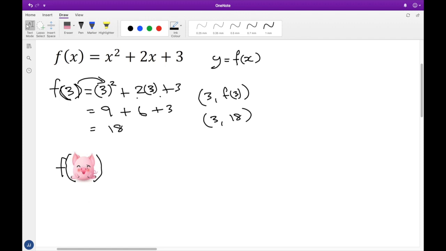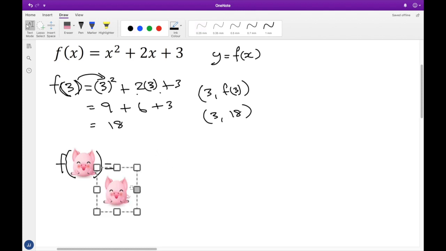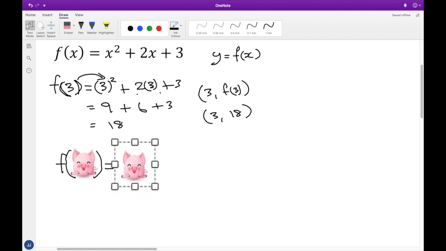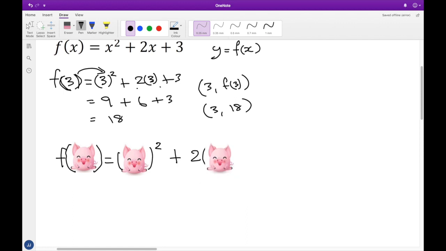So what if I have the f of this piggy over here? Well, that will just be equal to, and I'll just take that piggy and put it anywhere that I have x, right? That will be the piggy squared plus 2 times the piggy plus 3.